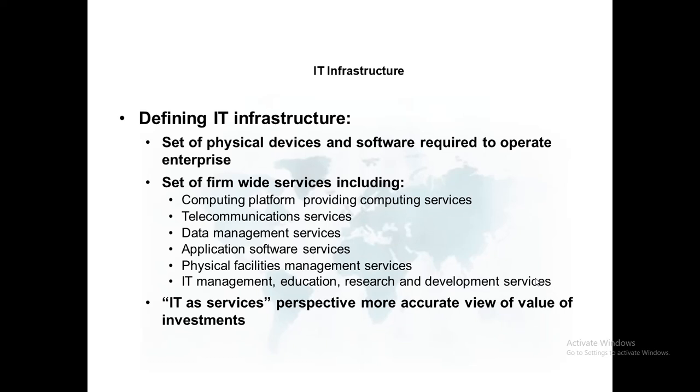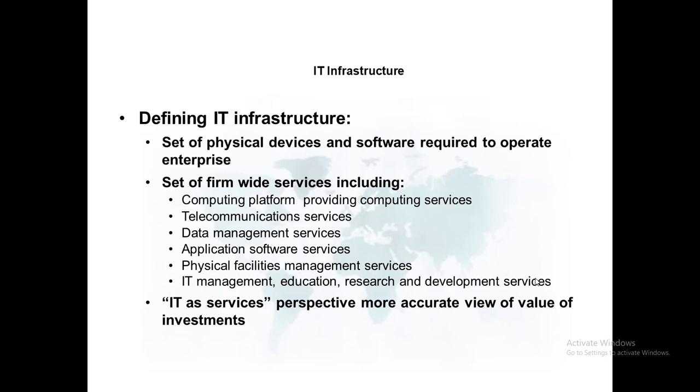In this definition, we look at IT as a service, and the services that the infrastructure includes are: 1. The computing platforms. These are used to provide computing services that connect the employees, the customers, and the suppliers into a coherent digital environment.